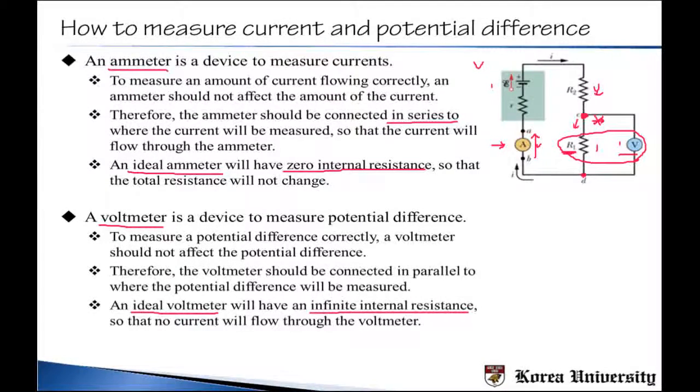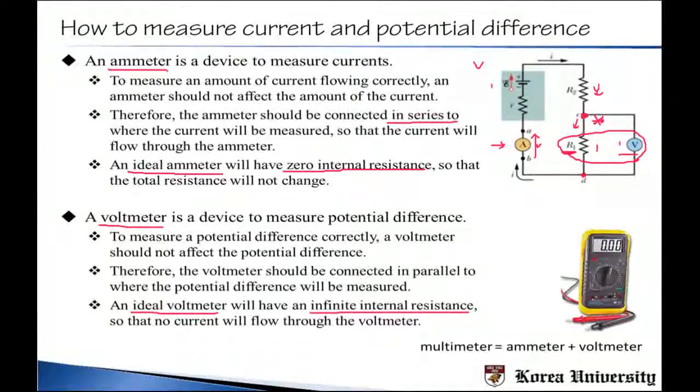Okay. And in daily life, typically if you go to a market, you can easily buy a device looking like this, which is called a multimeter. A multimeter means that it's measuring multiple things. It can measure as an ammeter and voltmeter, but actually not at the same time. There's a handle here, so you can select whether you will measure ampere or volt.